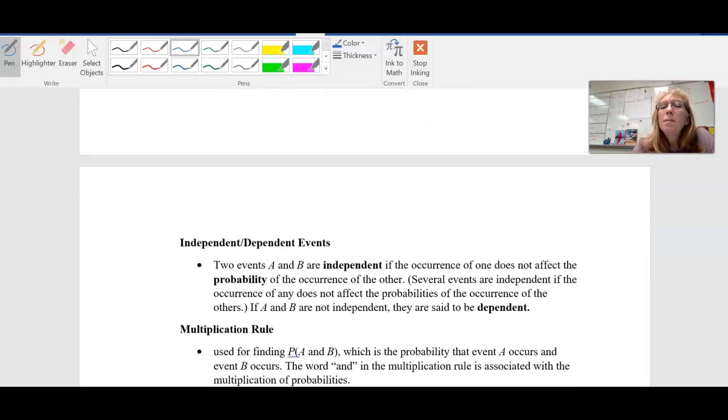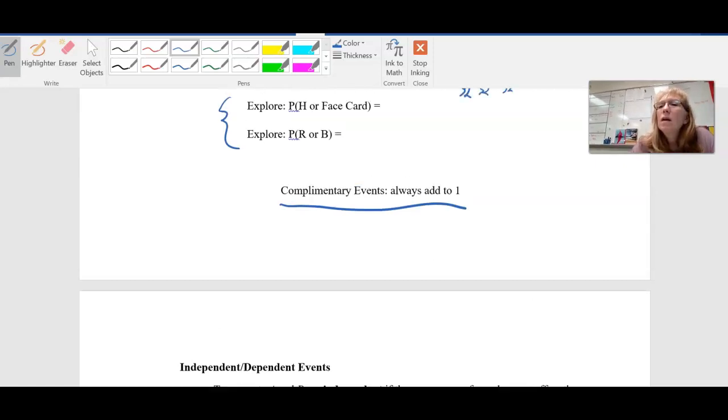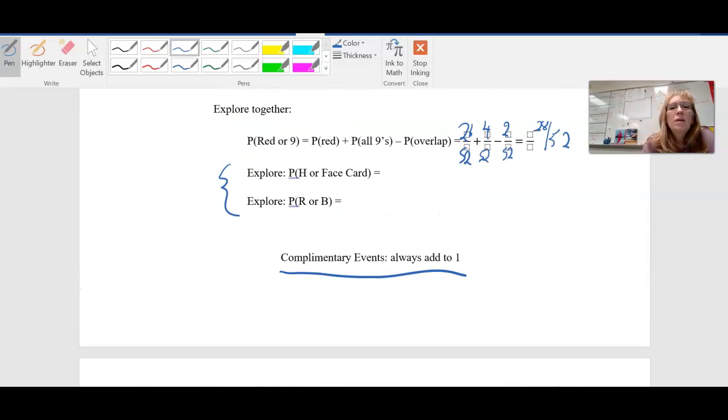Let's do an example of that. So let's say I wanted to know the probability of not getting a red or 9. Well, since I already know the probability of getting a red or 9, I take 1 minus that probability.